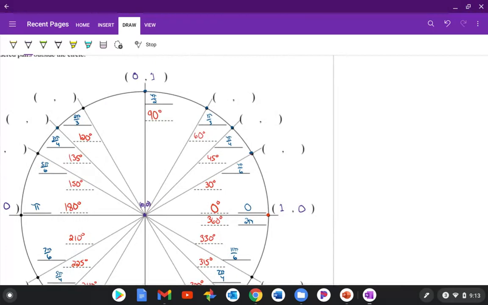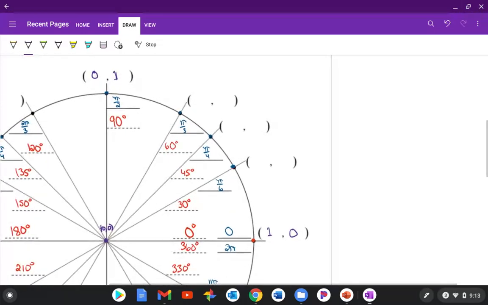Okay, now it gets a little dicey from here. This is maybe the hardest part of the memorization, these other coordinate pairs. How you would actually figure these out would be using special right triangles. I'm not going to go too in depth on that. If we're in class, maybe I would, but I'm not going to go too in depth into how you come up with these.